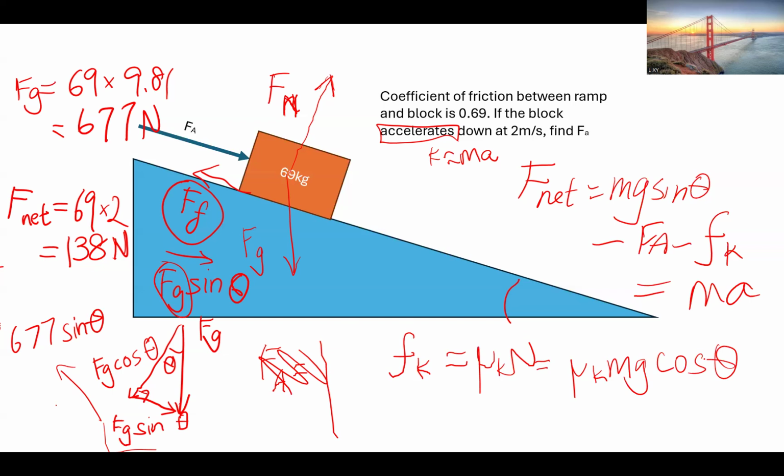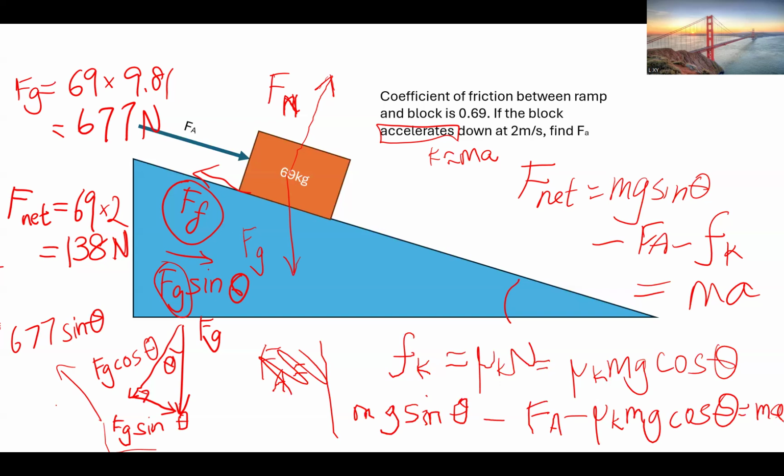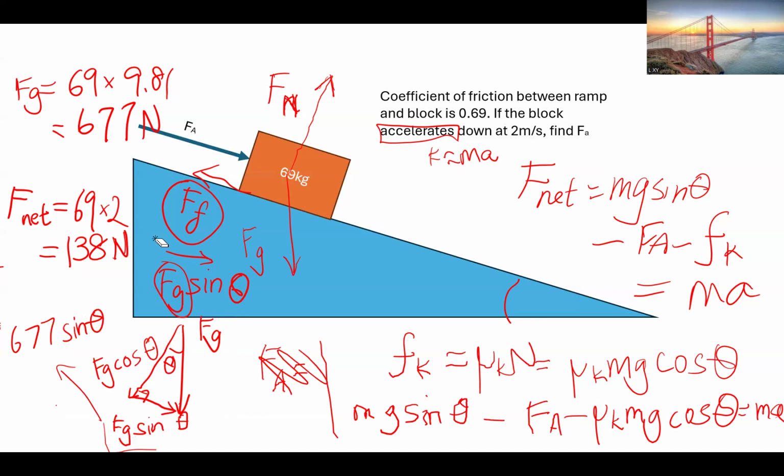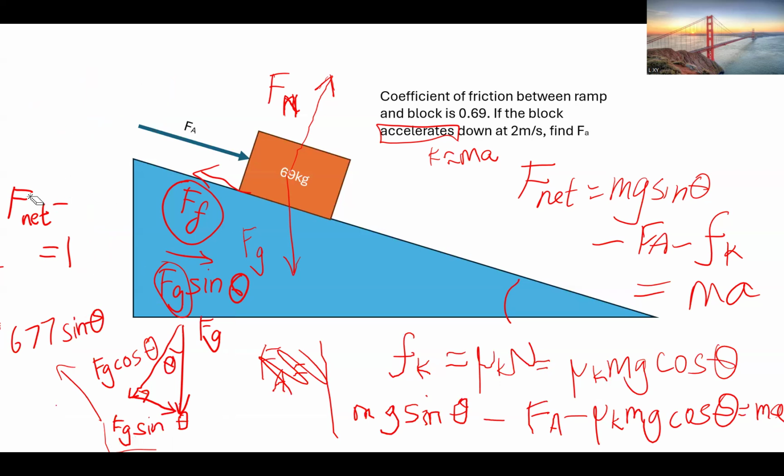So we substitute into Newton's second law to get mg sine theta minus Fa minus the coefficient of kinetic friction times mg cosine theta is equal to ma. So eventually we simplify this. I'm just going to erase the useless info because it's kind of cluttered.